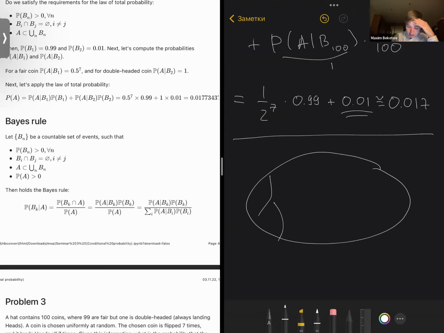Again, imagine you have a partitioning B1, B2, B3 of the whole sample space, and some event A.